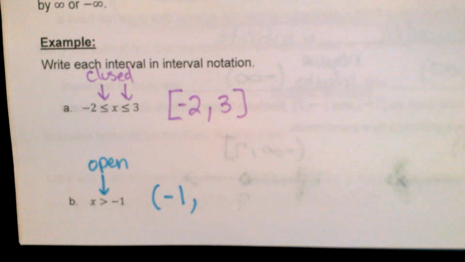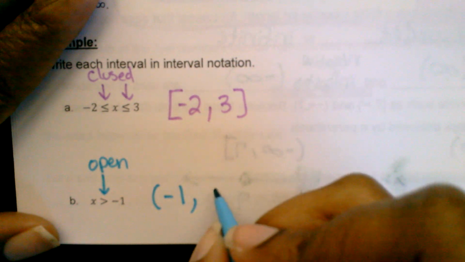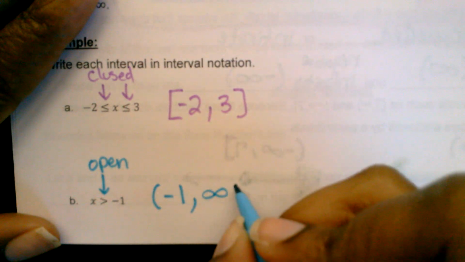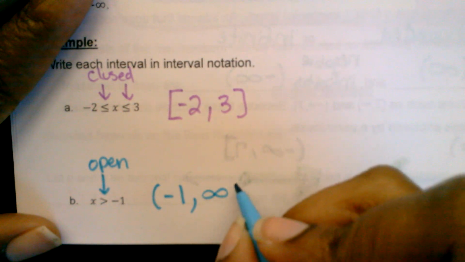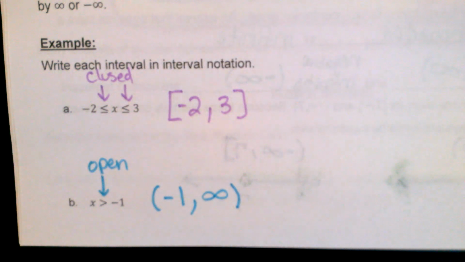And since they're all greater than -1, it's going to keep getting more and more positive. What is this over here? Yep, positive infinity. And what does it get? Yes. Excellent job. All right. Stop here for today.